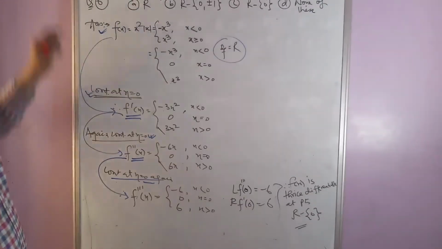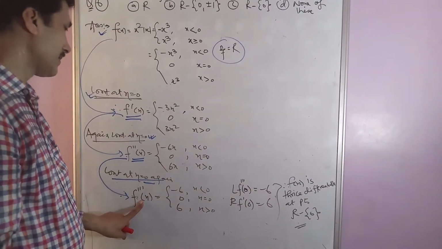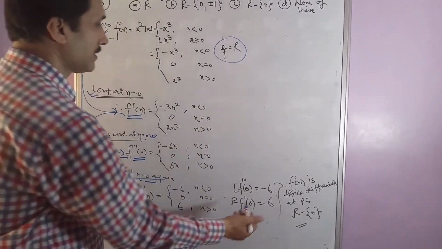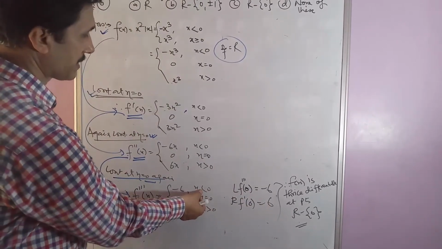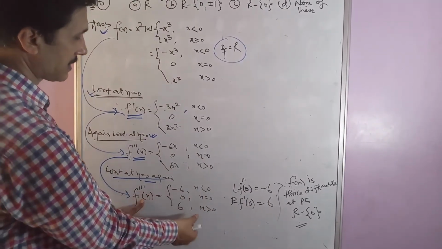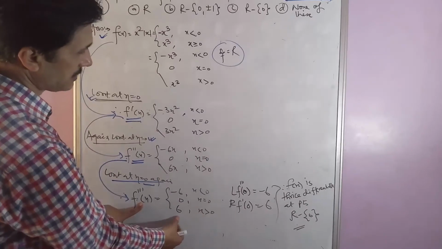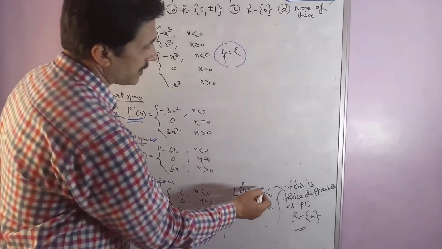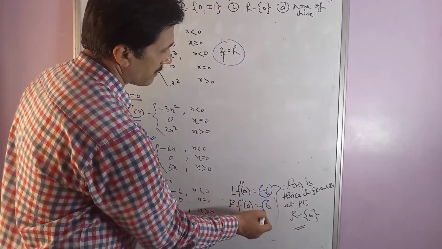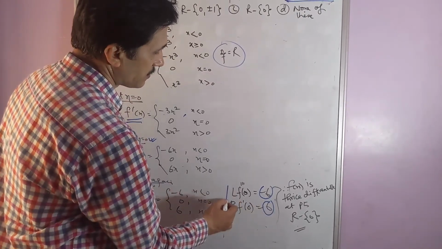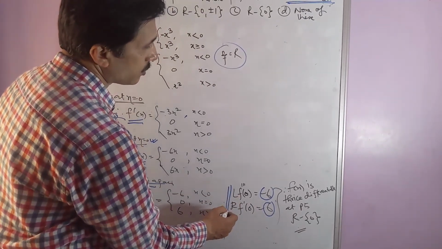Here the left hand derivative at 0 is minus 6, and the right hand derivative at 0 is plus 6. Minus 6 and plus 6 are both finite and different, so the third derivative is not possible here.